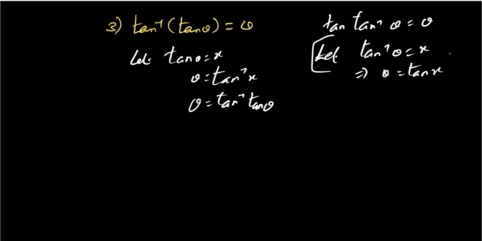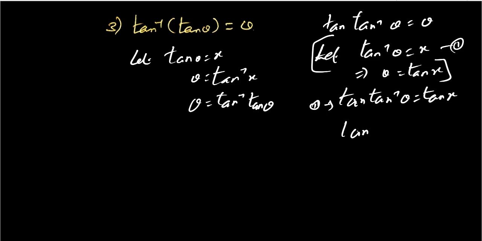So from this we are arriving at this. Taking tan on both sides, tan of tan inverse of theta equal to tan x. That means in place of tan x we can substitute theta. So tan of tan inverse of theta equal to theta has been proved.